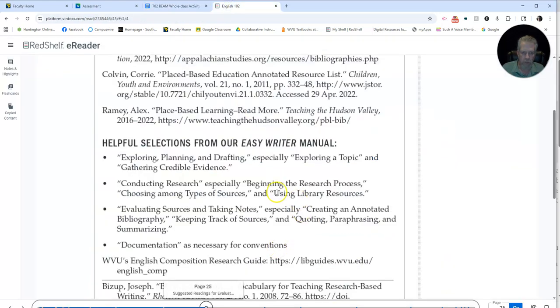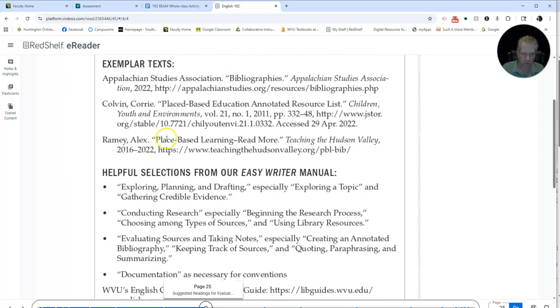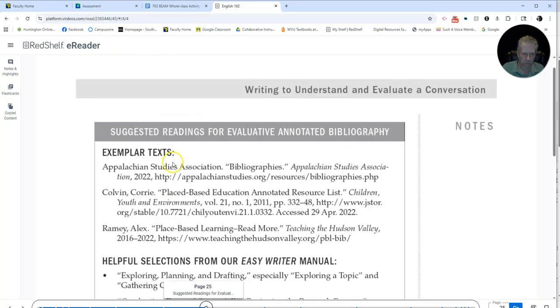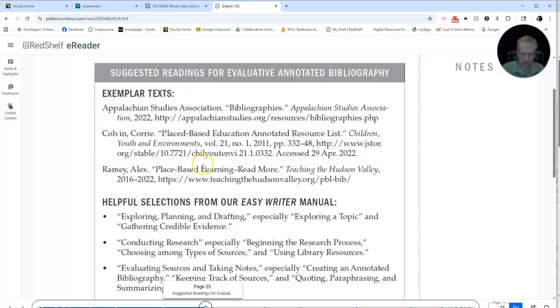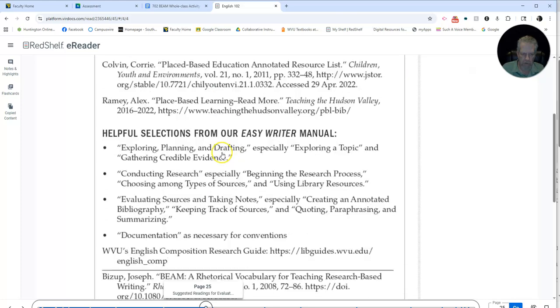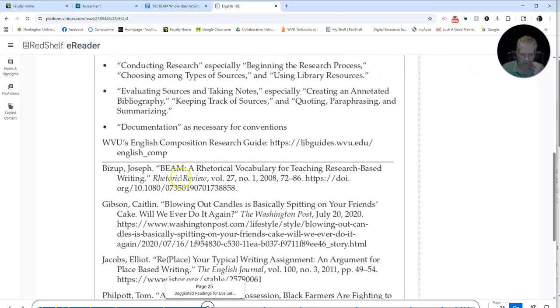This is in the textbook on page 18, and here on page 25, as you can see, this is the actual text. So when you see those page numbers, wait a minute, where's it at? Here it is. There we go.